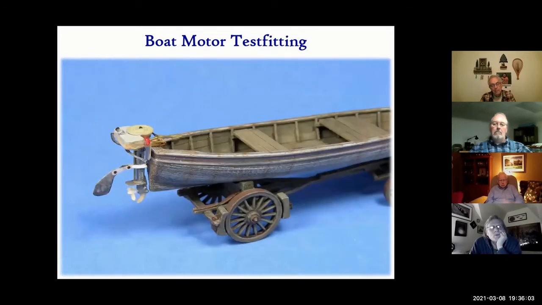Once you go to this level of detail, you want to test fit it before you paint it. I really recommend that as you go through each of the detailing steps, if it is something like this, make sure that you test fit it and that you fix all the imperfections before you start painting it. So definitely have construction phases, test fitting, and then if you need to, take it apart and then do the final finishing.